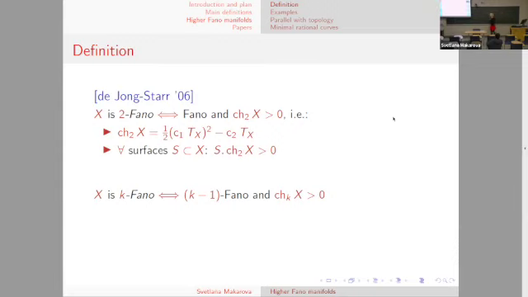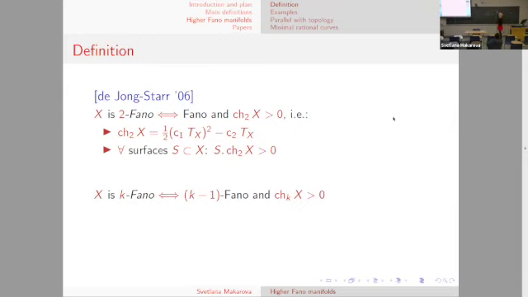Chern 1 of V will be a linear combination of codimension 1 subsets. So it can be something like 2d1 plus 5d2.